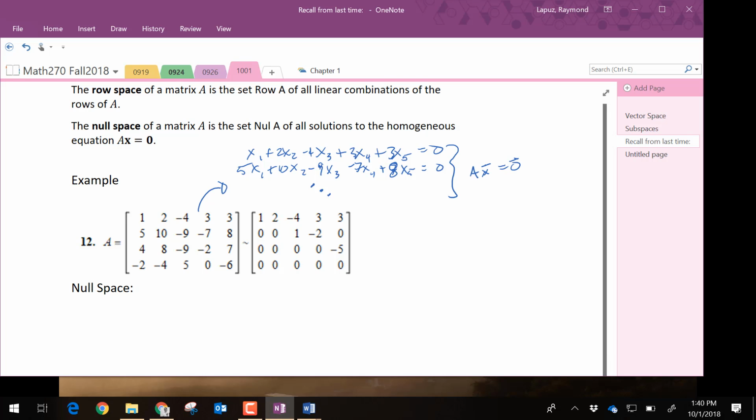So if you're solving this homogeneous system, one of the things to do is to row reduce it, and then you can work from there.